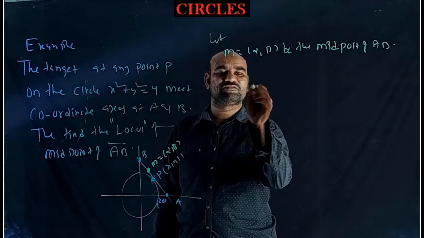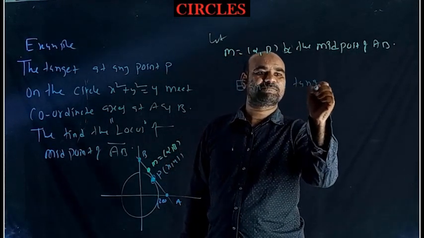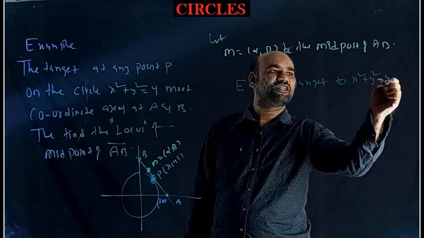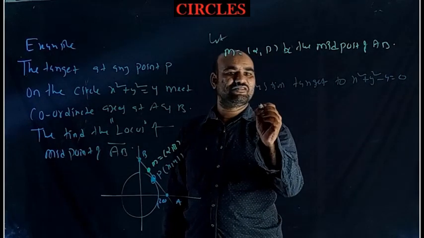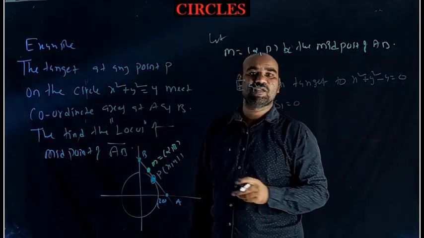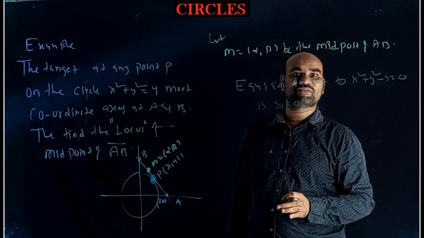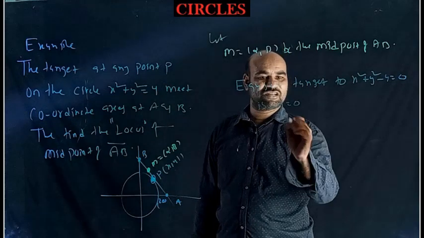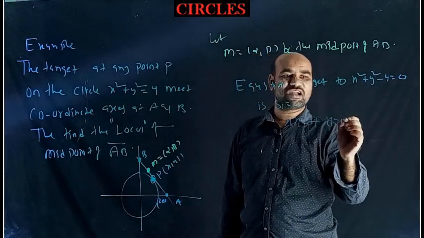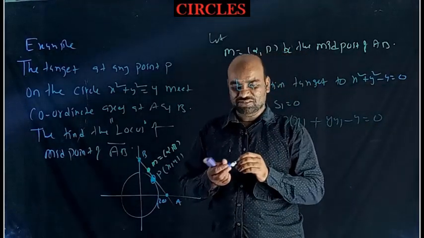Equation of tangent to x square plus y square minus 4 equal to 0 is S1 equal to 0: xx1 plus yy1 plus g times (x plus x1) plus f times (y plus y1) plus c equal to 0. So xx1 plus yy1, remaining terms are not there, minus 4 equal to 0. This is the equation of the tangent.